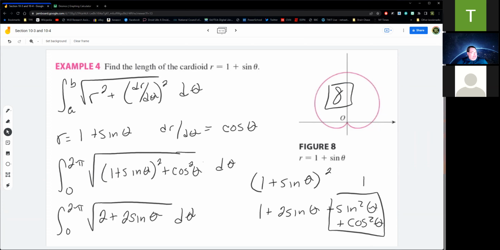All right. That's it. So we've done parametric and we've done polar. The test for chapter 10 and 12 is in 2 weeks. It's going to be probably split half and half, half from chapter 10, half from chapter 12.